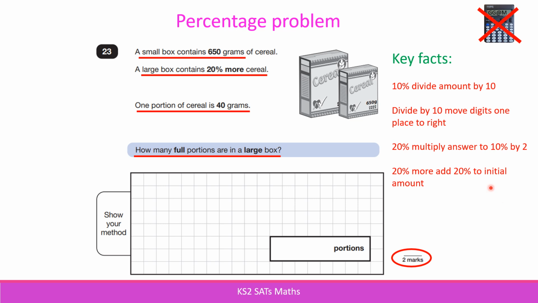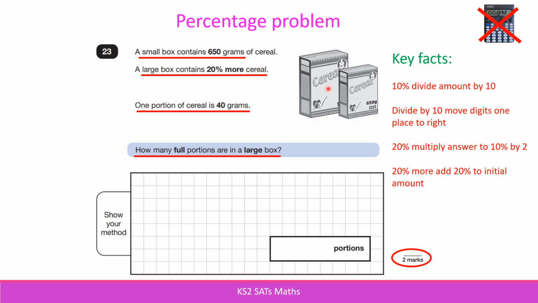Then you need to work out 20% more. The word more means add. So we've got to add 20% to the initial amount. The answer you got for 20%, you need to add onto the 650, and that will work out how many grams there are in this large box. Ultimately, we need to find how many full portions are in the large box.